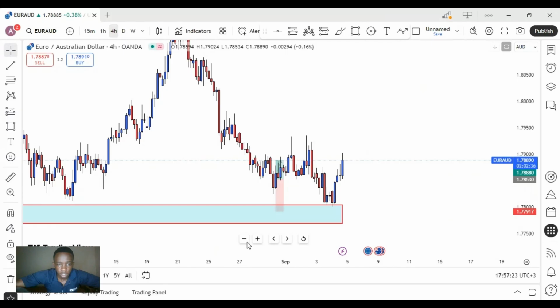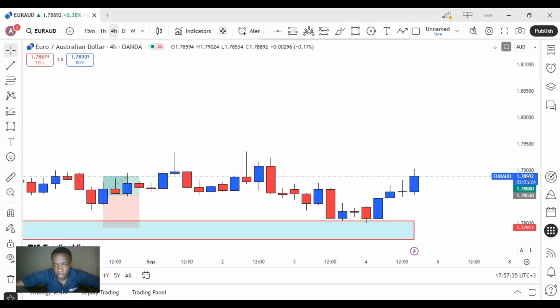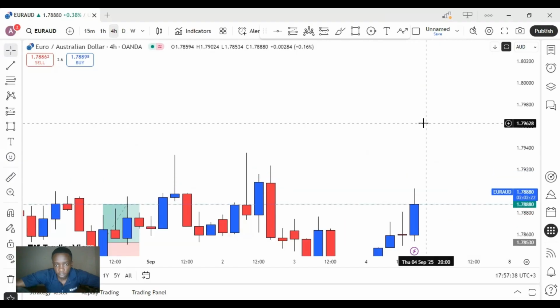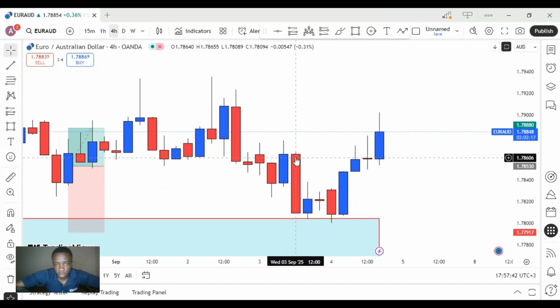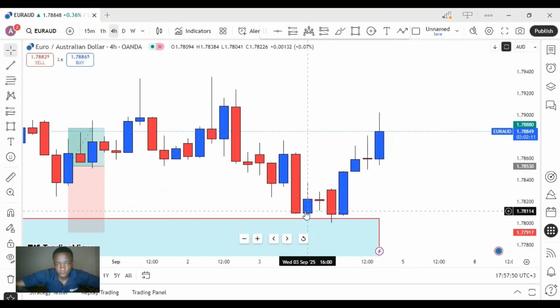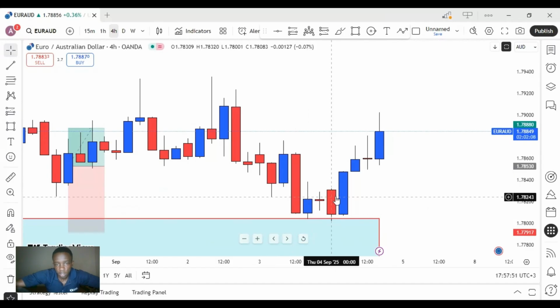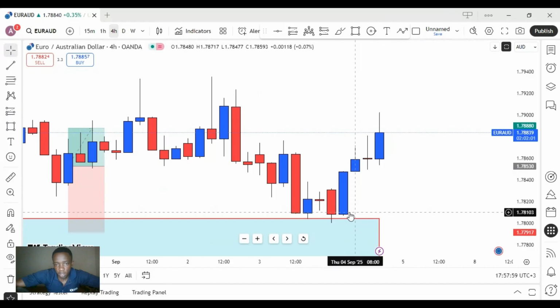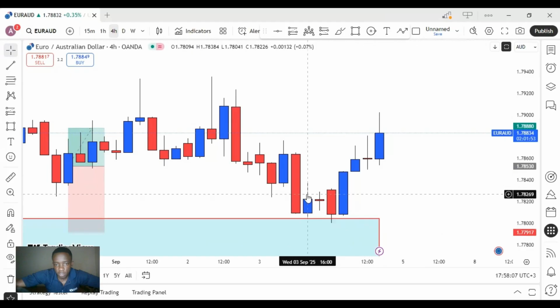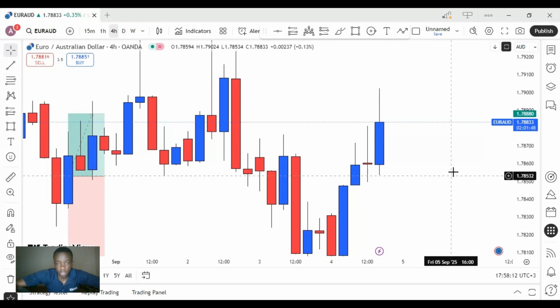When price reached our key level, it formed a long bullish candle, and it did not immediately break through that zone. It held, and then we see a doji. Then we see a bullish engulfing candle on the 4-hour time frame, engulfing the previous 3 candles, showing us that there is a massive entering of buyers into the market.